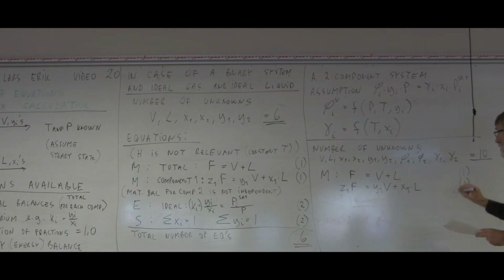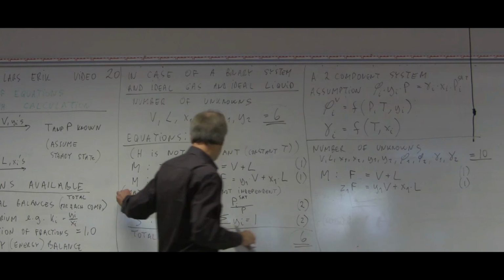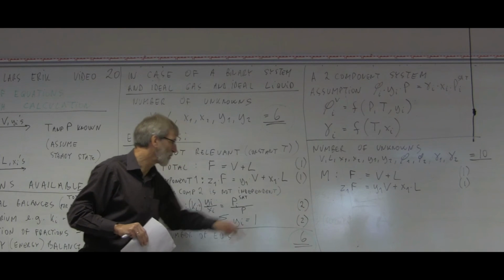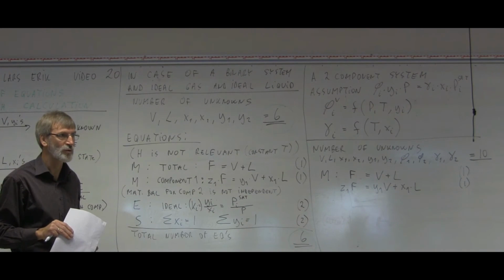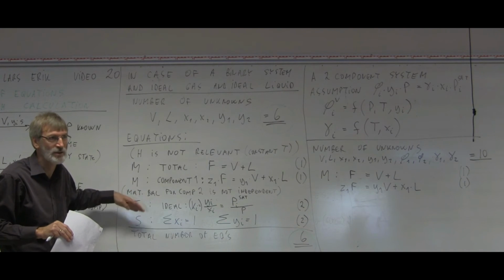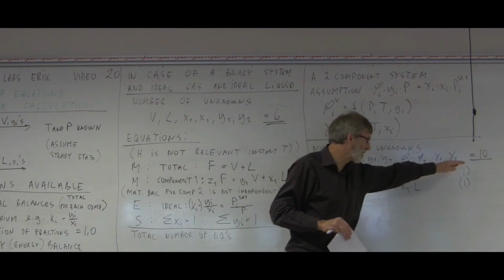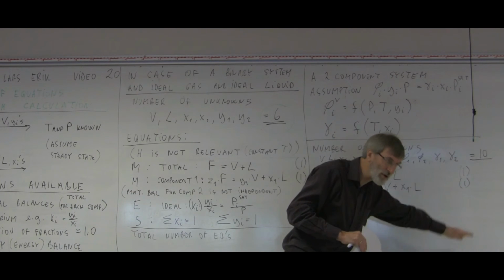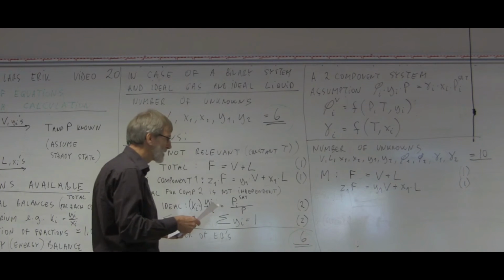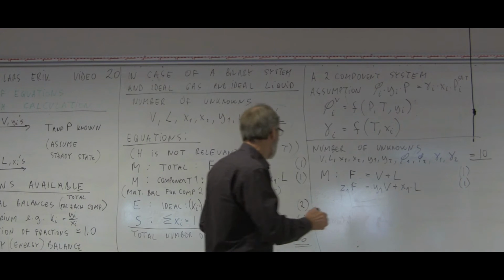That is 1. We cannot put up another one for component 2, or we can do that, but it will not be independent. I try to find the number of independent equations.